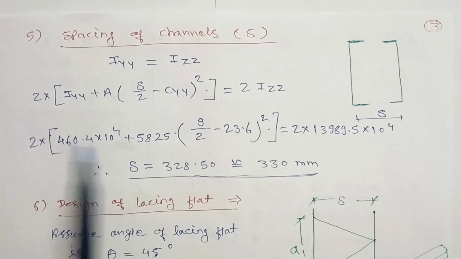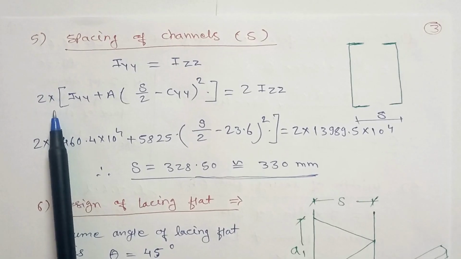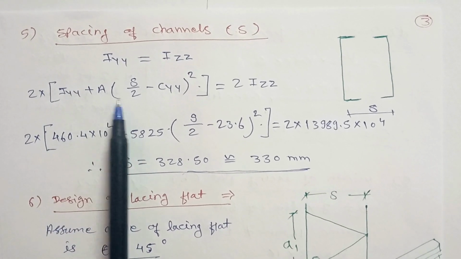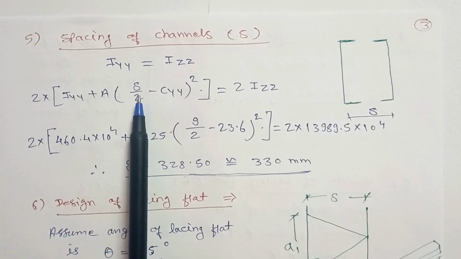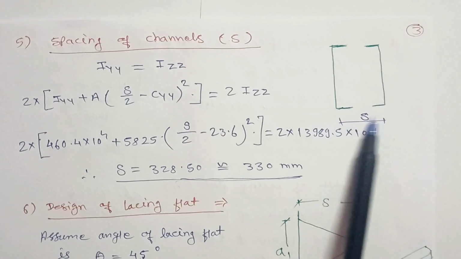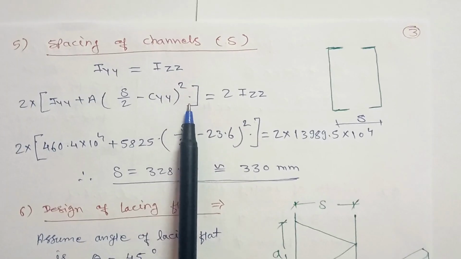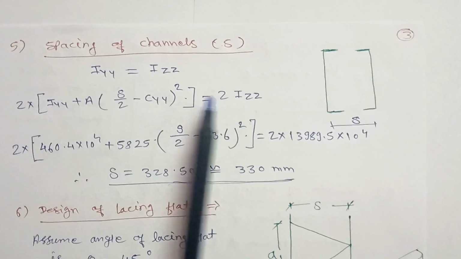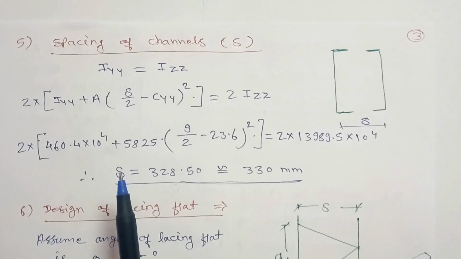So from this formula, IZZ equals 2 into IYY plus area of section into S by 2, where S is nothing but our spacing between the two channels, CYY square. It is written as 2 channel section.